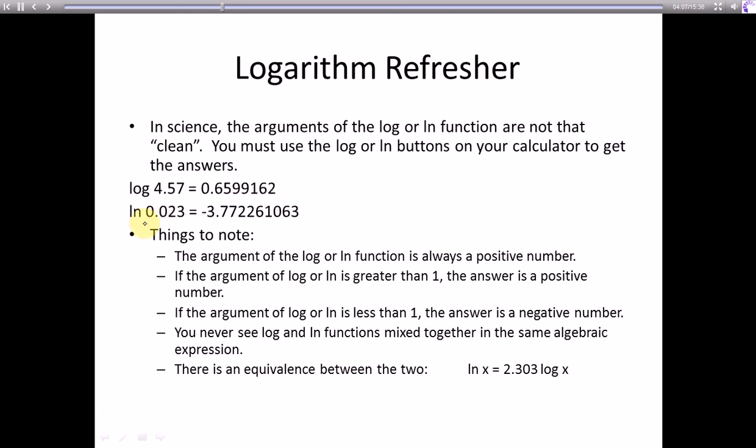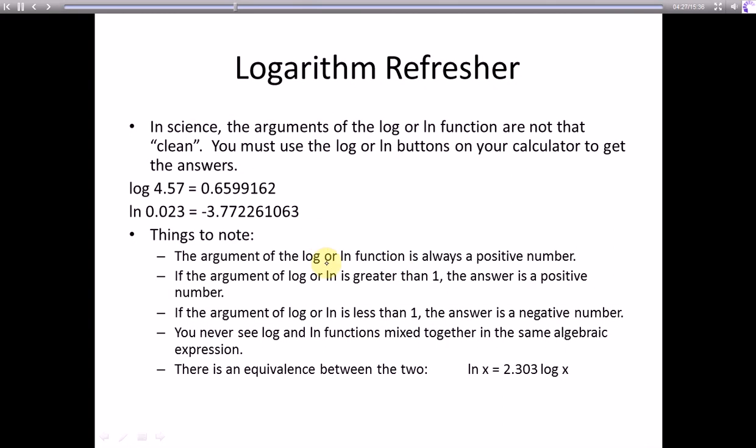And again, do the same thing with the natural log of 0.023. Make sure you get this number too, because it's very important when you're doing your homework or taking an exam that you are familiar enough with your calculator to get the correct numbers with it.